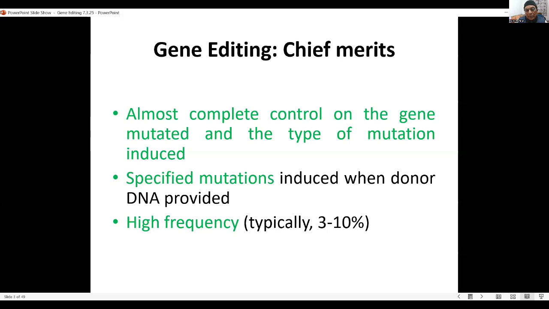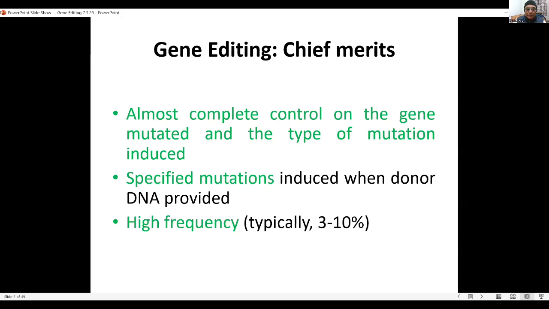A large number of changes often are induced. According to one estimate, several thousand nucleotides are changed in a single plant treated with EMS. And the frequency of mutation in the gene that you are interested in is very low, 1 in 1,000 essentially.